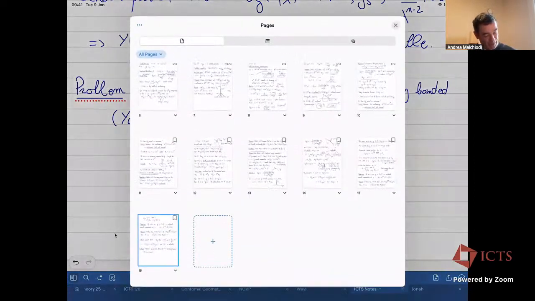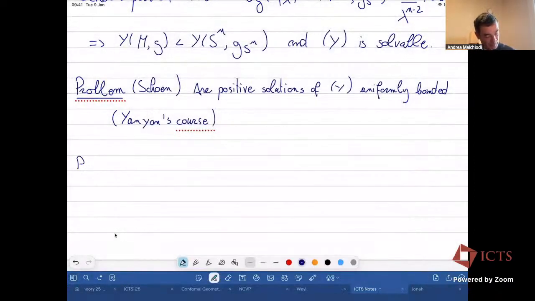A couple of remarks. Is that in dimension 2, when you look at the conformal change of the Gaussian curvature, the equations are of exponential type.